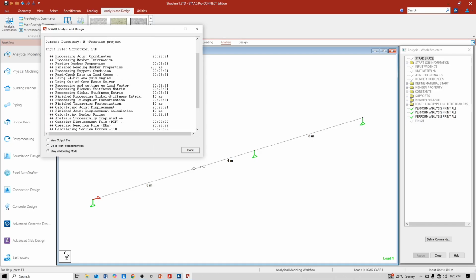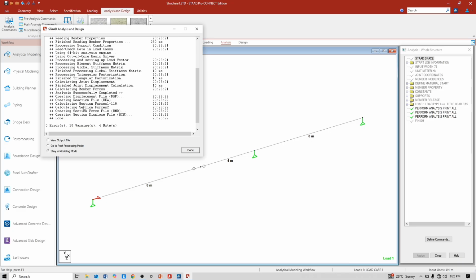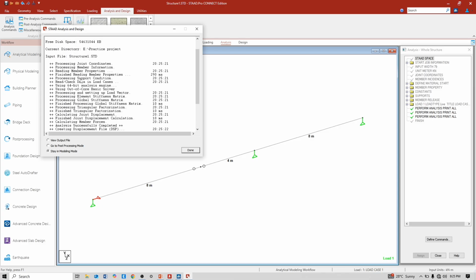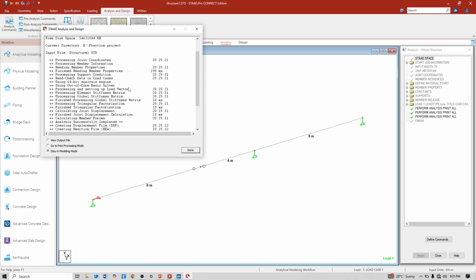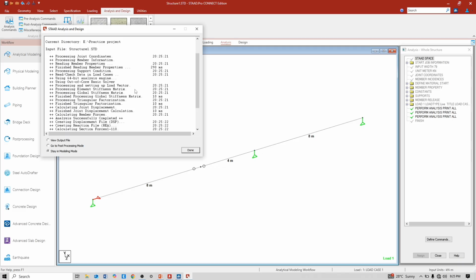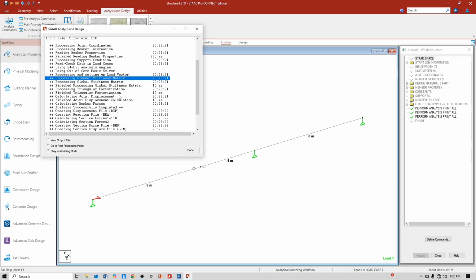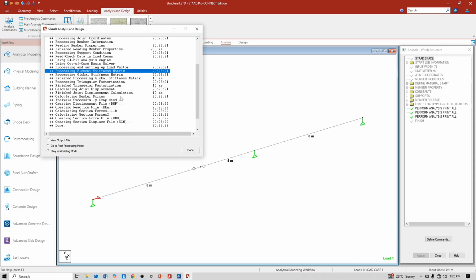See how StaadPro mathematically calculated: calculating section properties, calculating section displace file, processing joint coordinate, processing member coordinate, reading member properties, finalizing reading member properties, processing support condition, read check data in load cases, using 64-bit analysis using out of core basic solver, processing and setting up load vector, processing element stiffness matrix, processing triangular factorization, calculating joint displacement, finish joint displacement calculation, calculate member forces, analyze successfully completed.